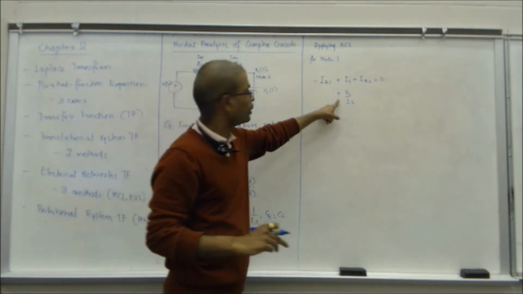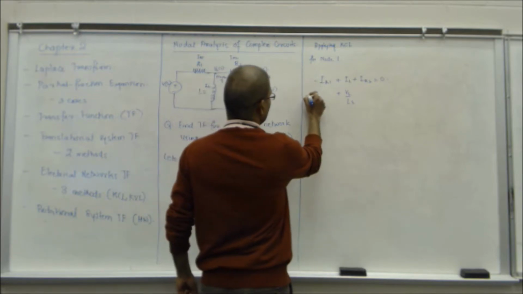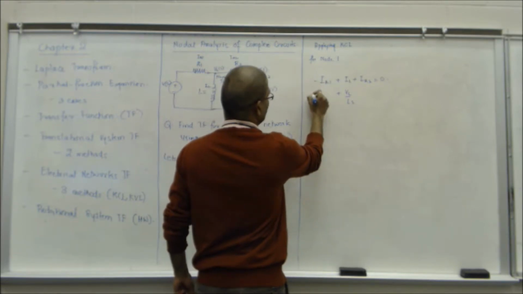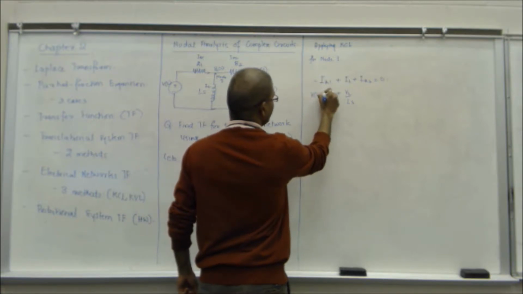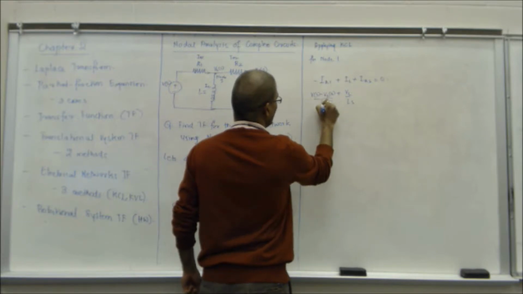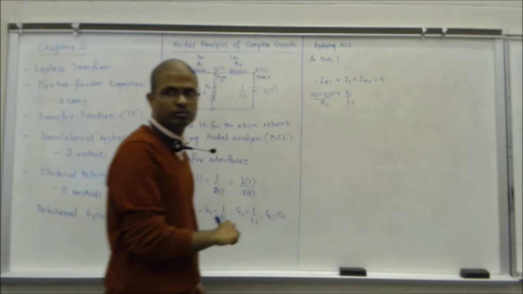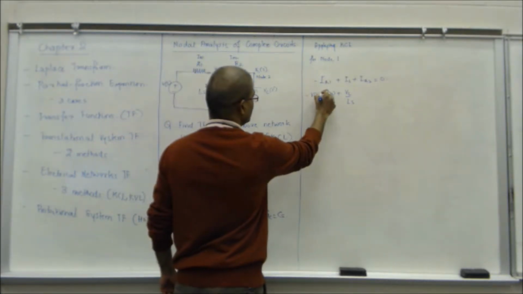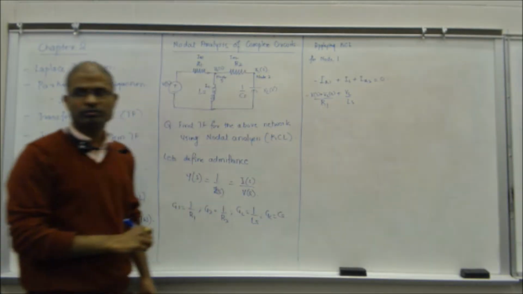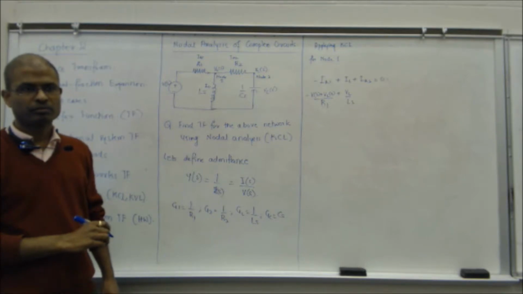From this, you can say, what is this now? VS minus VL over R1, right? Got it?